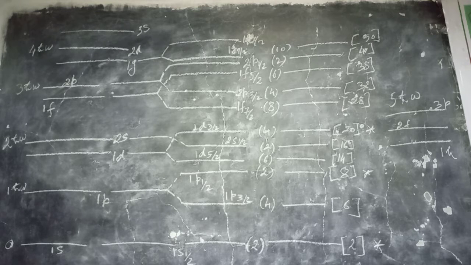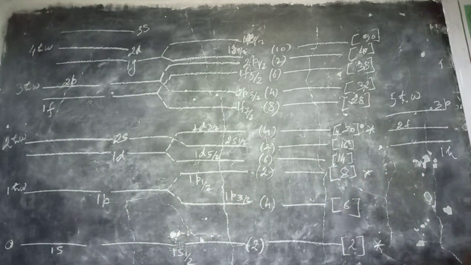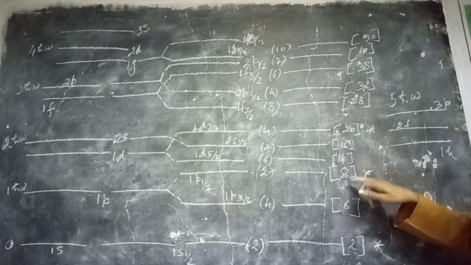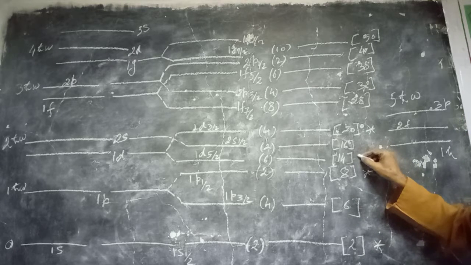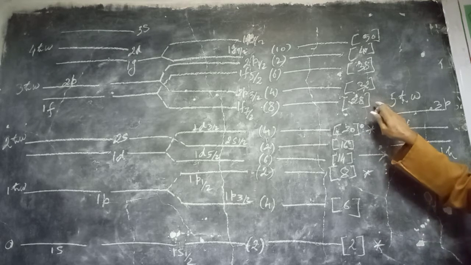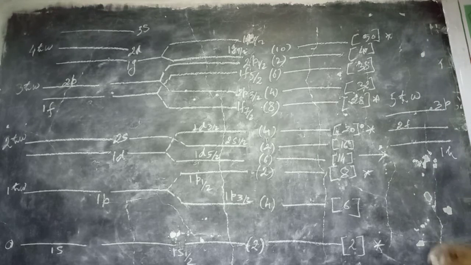So with some modification, with the inclusion of the spin orbit interaction, it is found that along with 2, 8, 20, the 14 will also appear: 2, 8, 14, 20, 28, 50, 82 and 114.